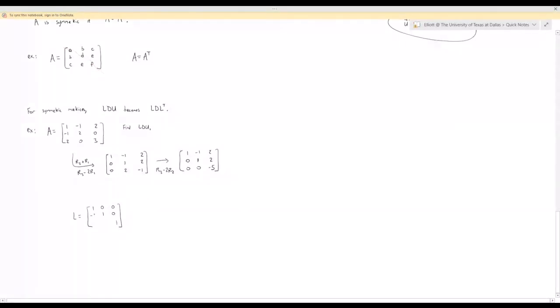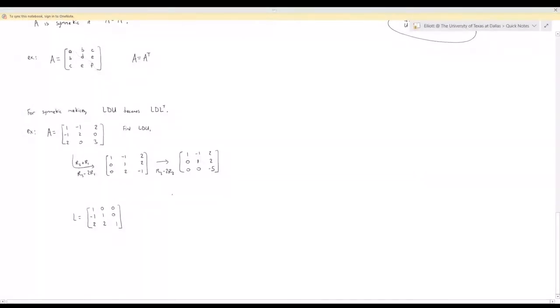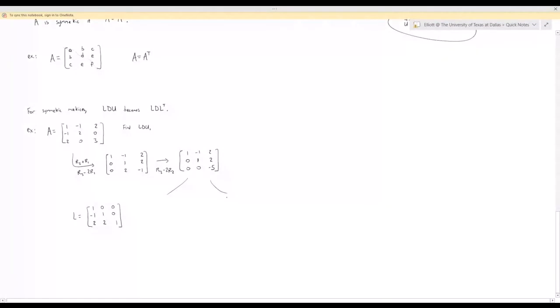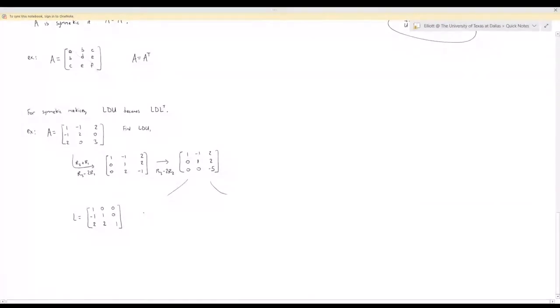I'm going to change it to -1, put it in the 2, 1 entry. Row 3 minus 2 row 1 will give us a +2 in the 3, 1 entry. And row 3 minus 2 row 2 gives us a +2 in the 3, 2 entry, and that gets us the matrix L.